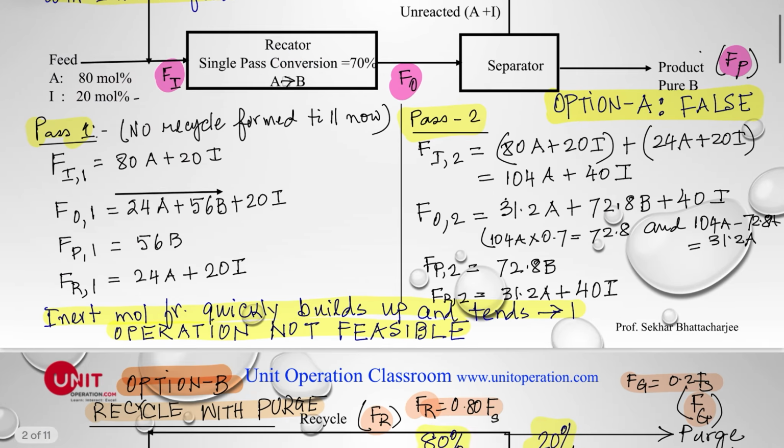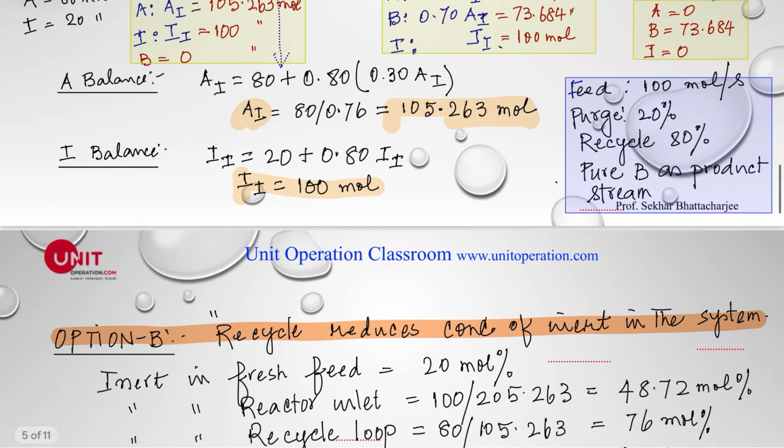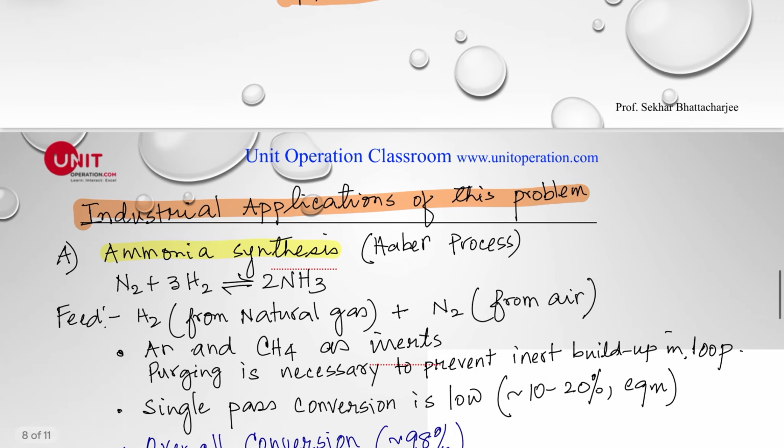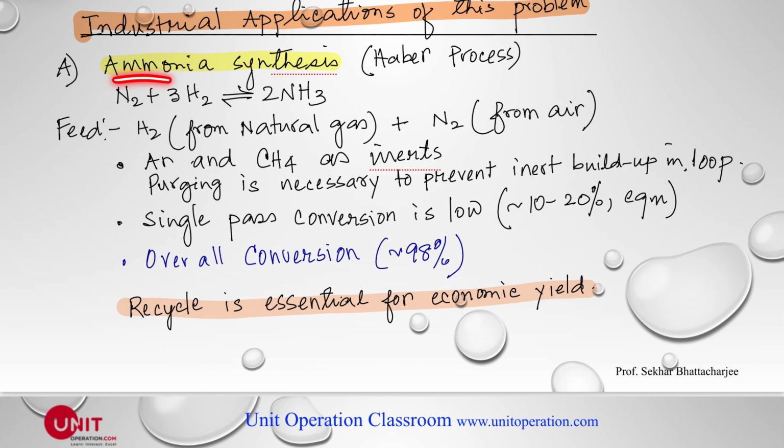Okay. Now let us quickly look into some industrial application of this problem. In the ammonia synthesis, we know this is a reaction. Of course, this is not A to B, but still, you will get the idea. The feed is hydrogen from natural gas and, of course, nitrogen from air. So argon and methane, which come from the methanation reactor, which we have discussed in other problems, are the inerts to the reactor.